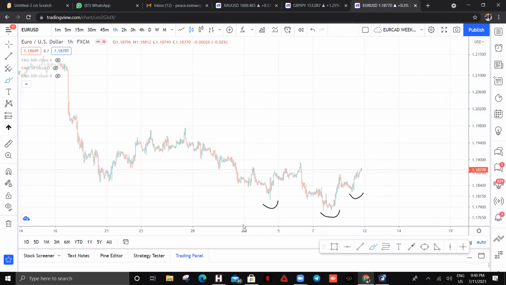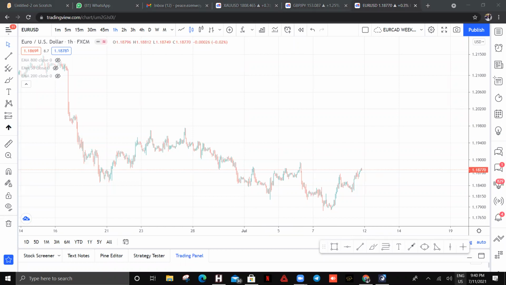But let me see, what are we going to do to determine that? How did I know that Euro USD was going to buy? GBP USD and Euro GBP.